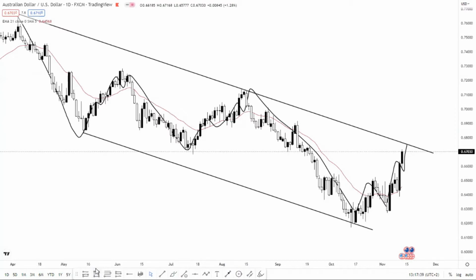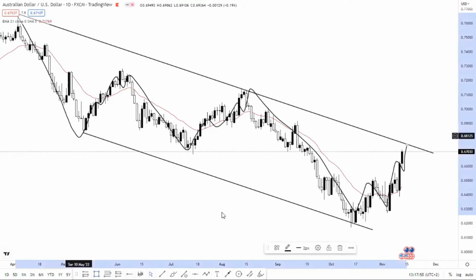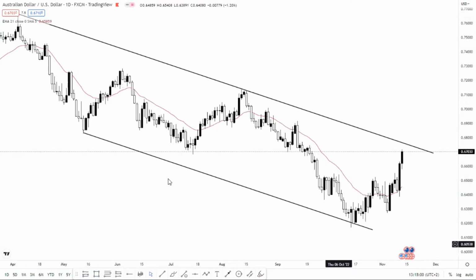Let's put the zone so that we can have a proper entry, because we cannot rely on trend lines only. Trend lines are there to show us where the market is heading. We also need to get the zone where the price will react.